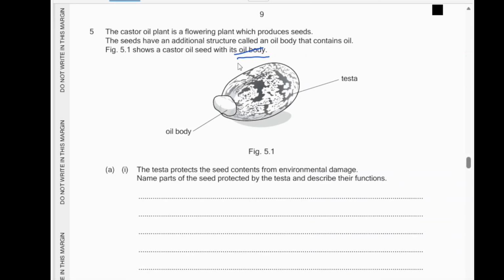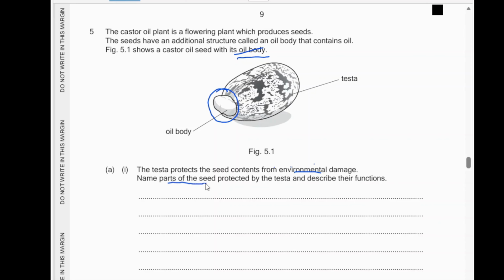It has an additional thing, which is the oil body. The seed has an additional part. The testa protects the seed content from environmental damage. It's the outer covering of the seed.